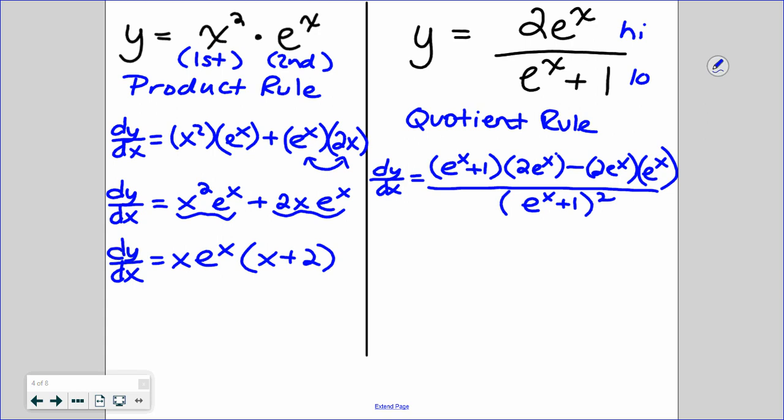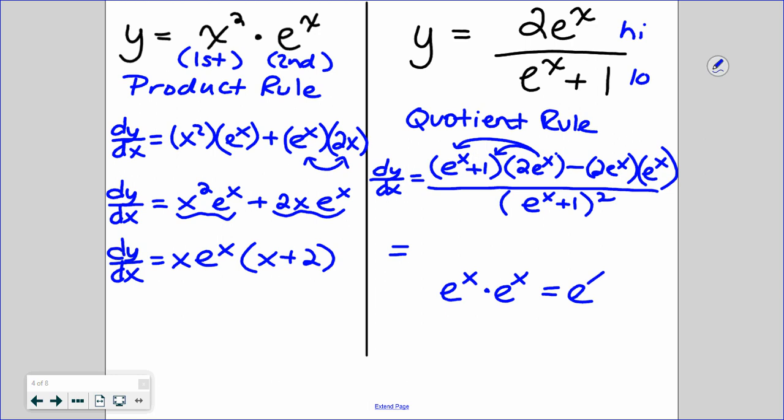Okay, and then as far as simplifying goes, again, I would look at maybe factoring that numerator. We could definitely, to get rid of some parentheses, distribute the 2e to the x. Now, when you multiply e to the x times e to the x, this is where you're going to add your exponents.